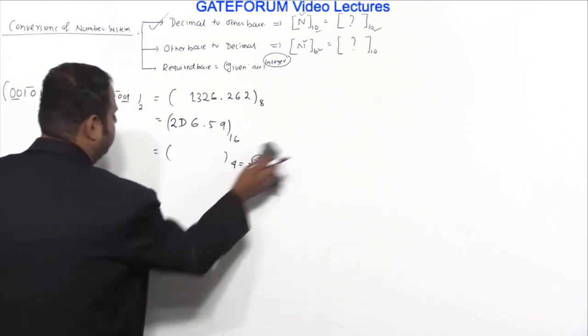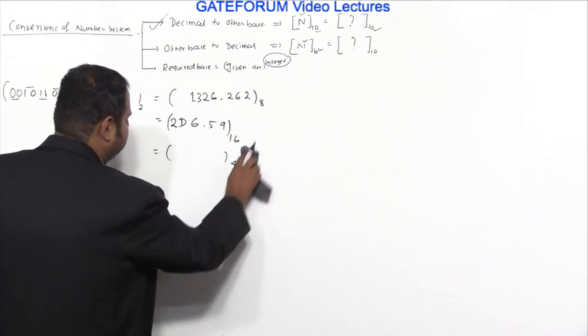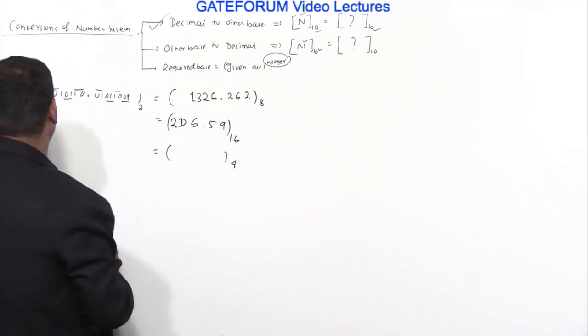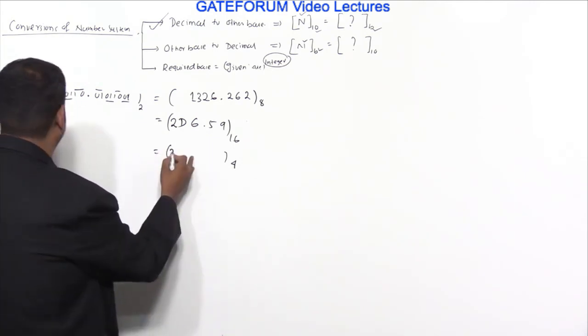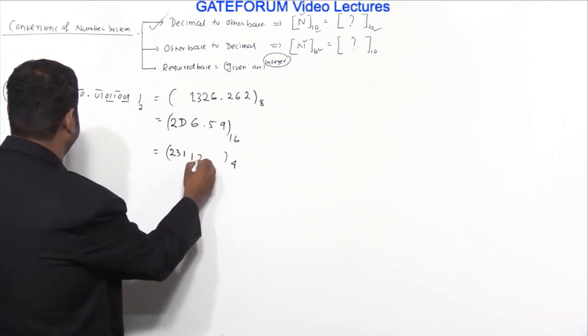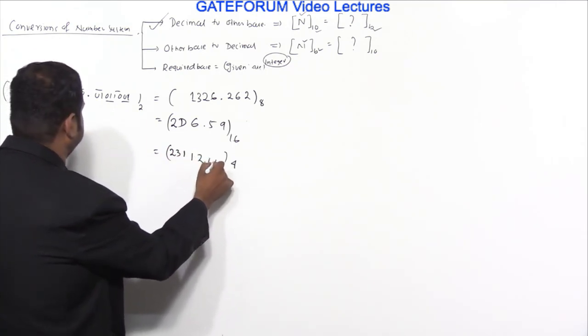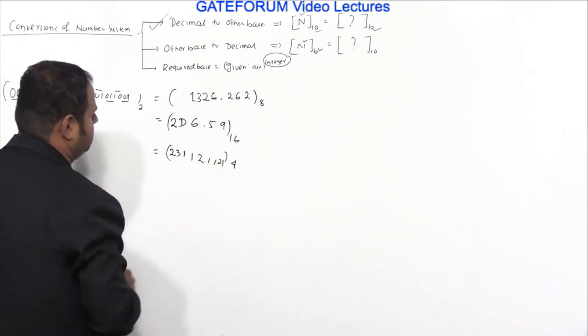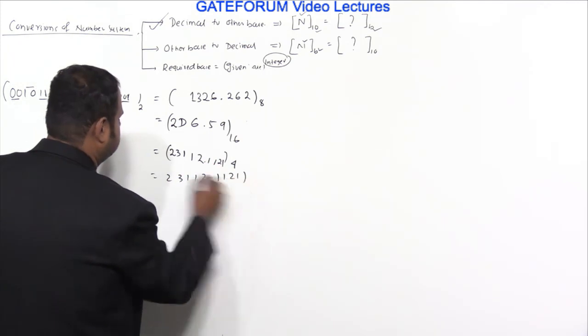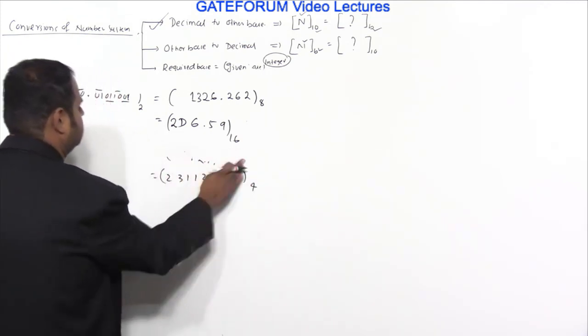If I write the corresponding equivalent, base 4 or base 10 is the same. So 0, 0, 0 I can skip, 1, 0 happens to be 2, then this happens to be 3, this happens to be 1, then 2, 1, 1, 2, 1, 2, 3, 1, 1, 2, dot 1, 1, 2, 1. This is base 4.